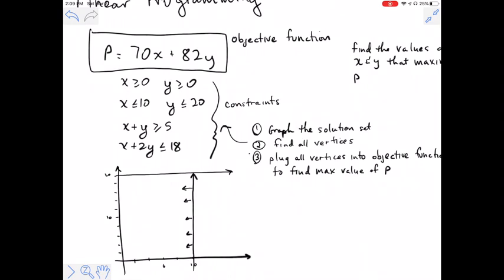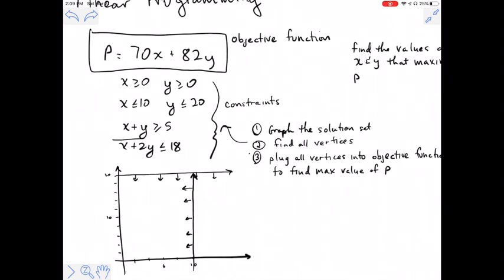And y less than or equal to 20 means shading below, so I'm shading below that one. So far the feasible region is just that rectangle right inside here. So we've graphed that one.